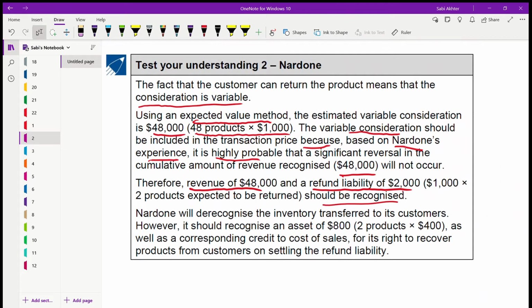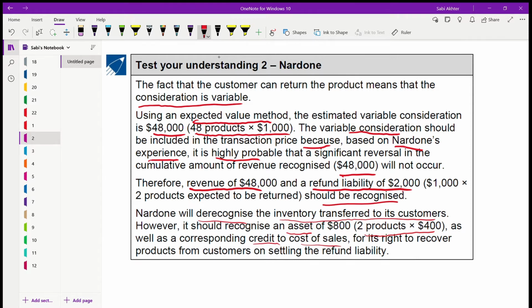Now Nowden will de-recognize the inventory transferred to its customers. However, it should recognize an asset as well as a corresponding credit to cost of sales for its right to recover products from customers on settling the refund liability.